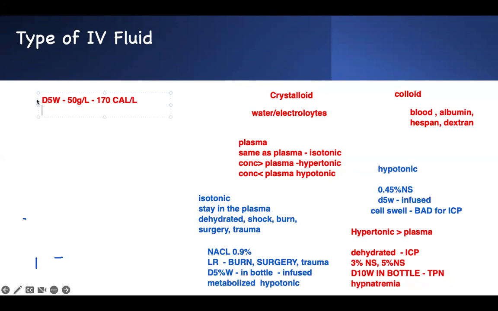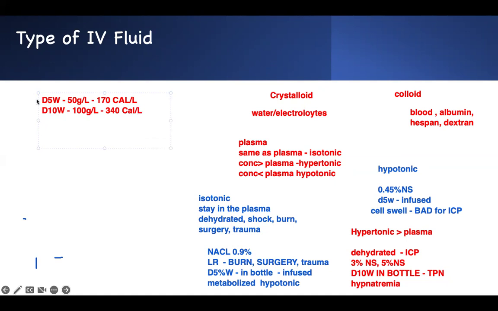And then the D10W is about 100 grams per liter. When you metabolize it, it's twice of that, 340 calories per liter.